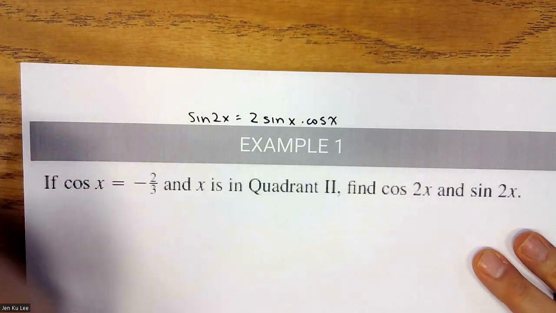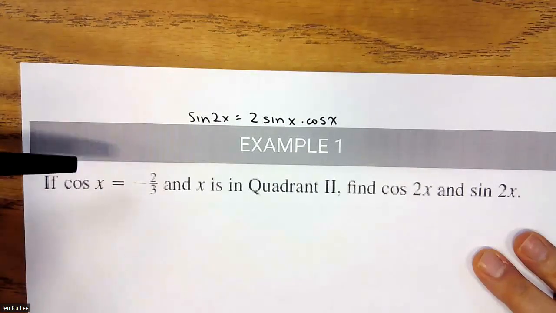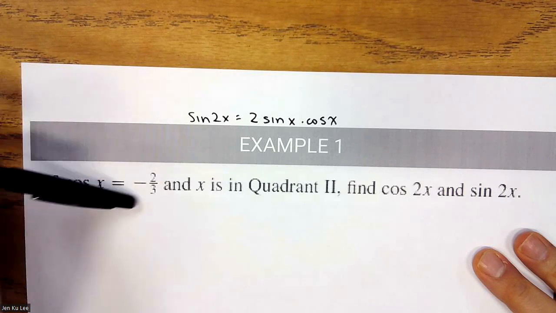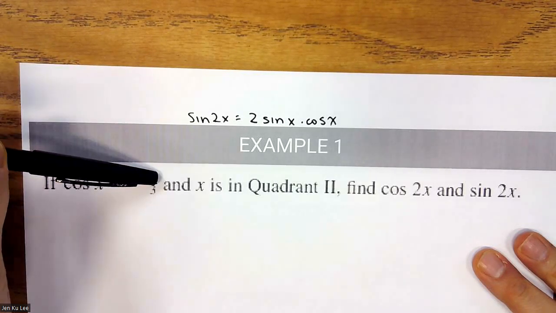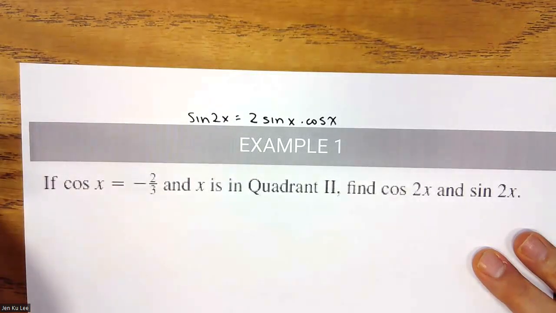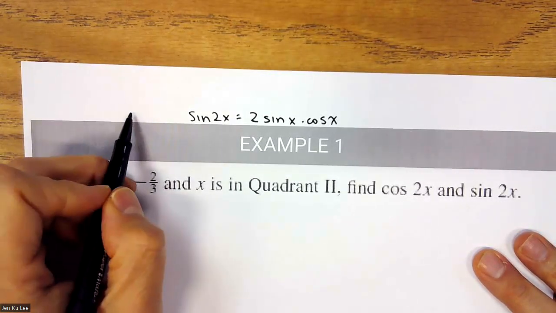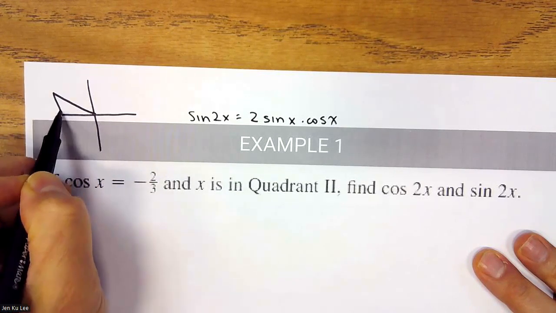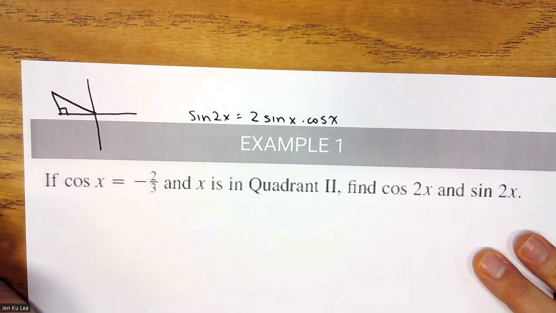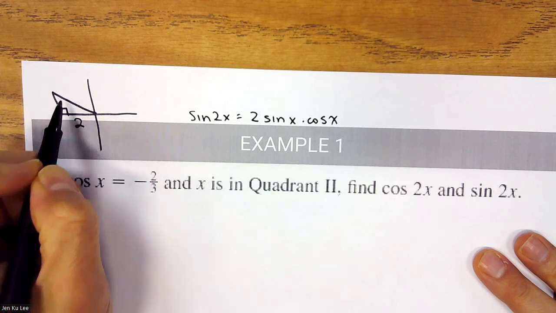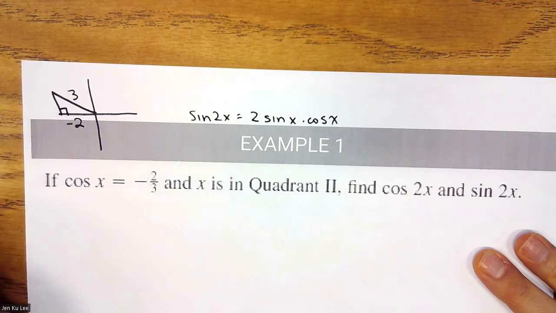So I need the sine of x, right? I know cosine of x is negative 2/3, and I know x is in quadrant 2. So I'm just going to draw a random triangle in quadrant 2. Cosine, which is x over r, is 2 over 3, but that's negative.